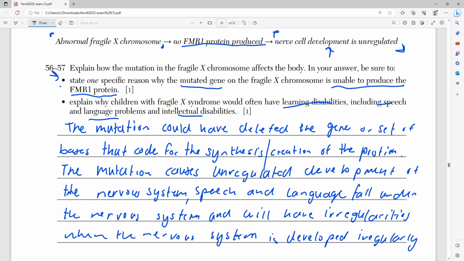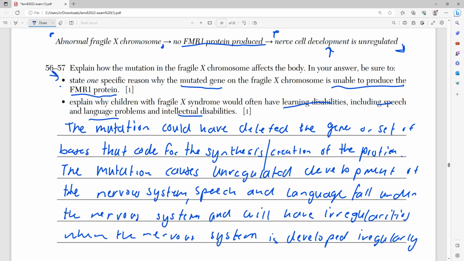So what I wrote was: because this mutation causes an unregulated development of the nervous system, and because speech and language fall under the nervous system, they will have irregularities when the system is developed irregularly, right?